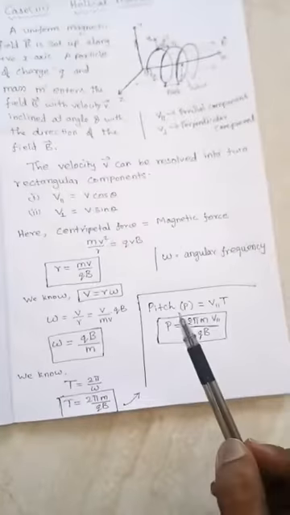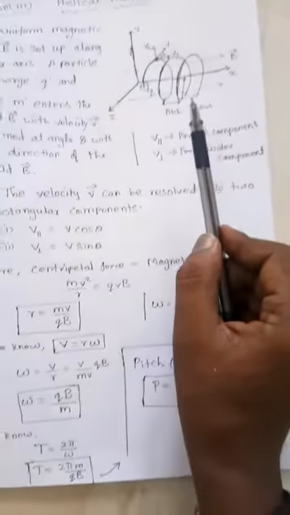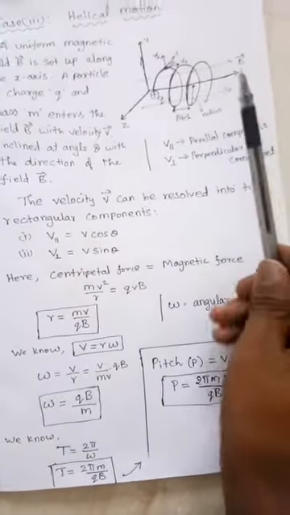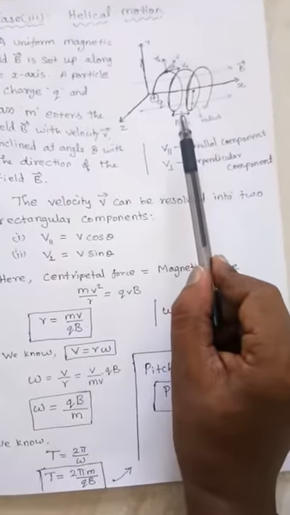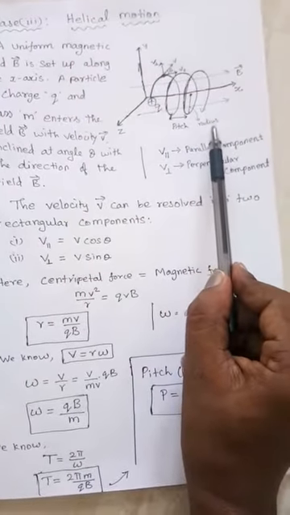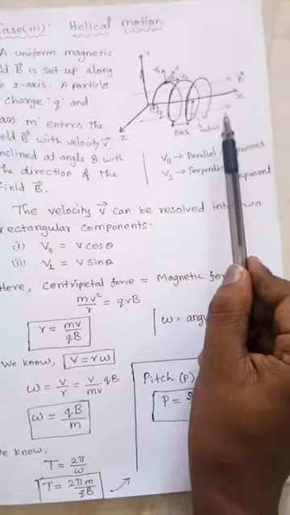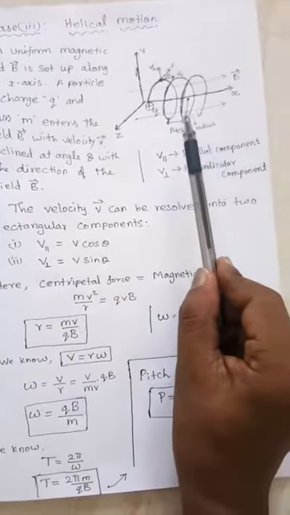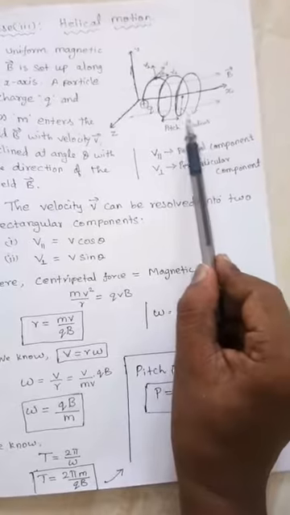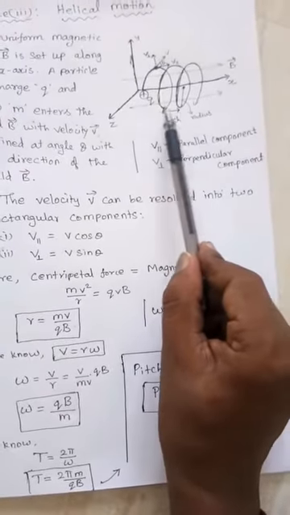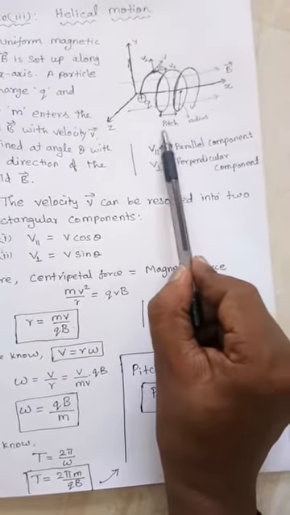Now we want to find the pitch. The pitch is the linear distance travelled by the charged particle in the direction of the magnetic field during its period of revolution. That means the distance between two successive circles is called the pitch.